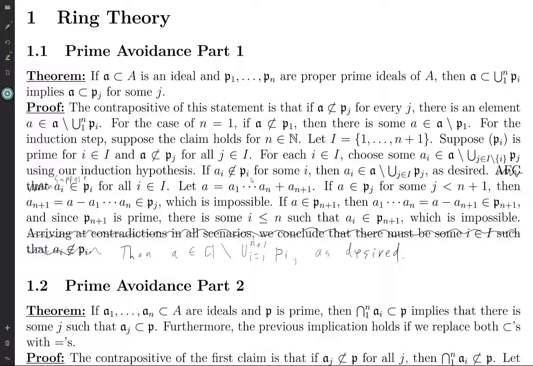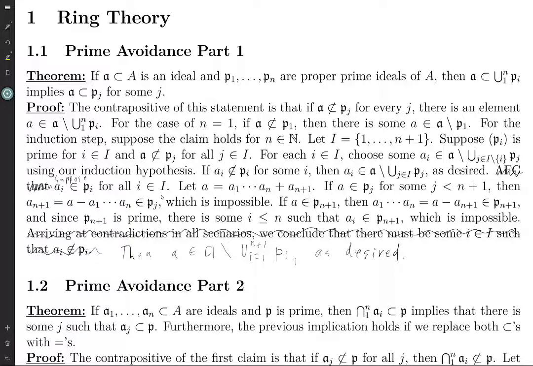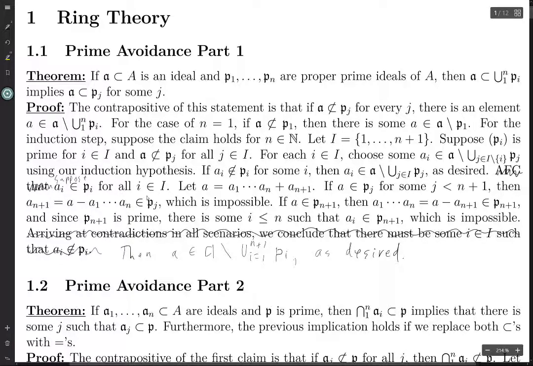But suppose it is the case that a_i is in PI for every single i. While we don't know for sure if this is a scenario that will ever actually happen, we're going to be able to get what we want despite this being true.